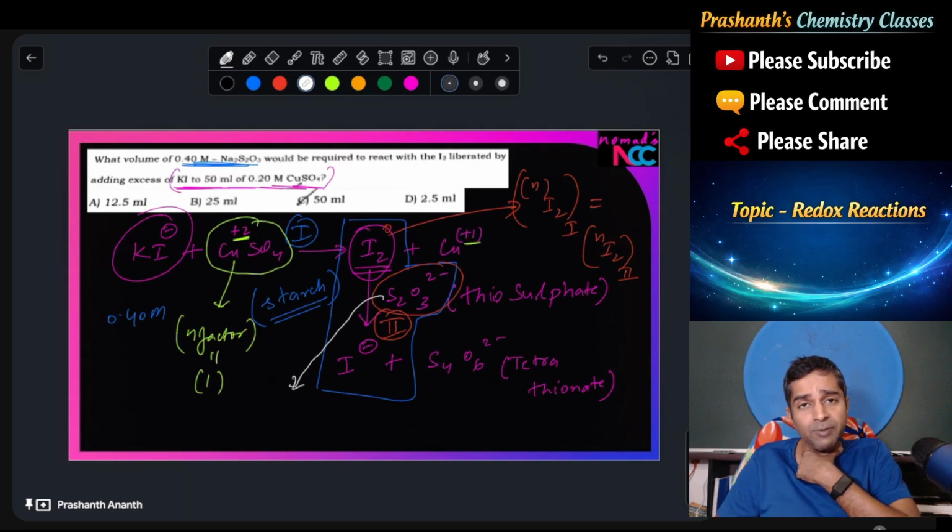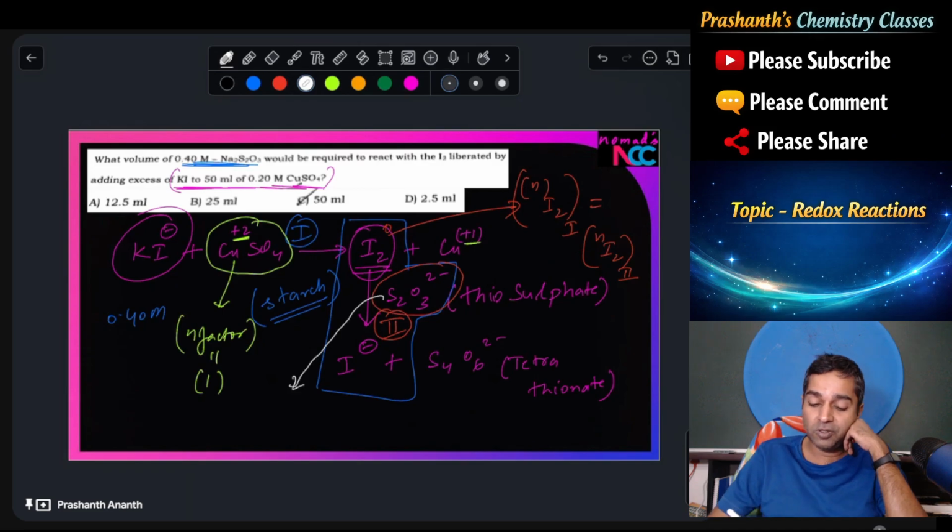Oxygen has to be -2 in both cases. So if oxygen is -2, let's see what the oxidation state for sulfur is. There is a -2 net charge for the overall S2O3 2 minus, so each sulfur is present in +2. Nice. And in S4O6 2 minus, there are 6 oxygens, so -12. But there is a net -2 charge, so -10.